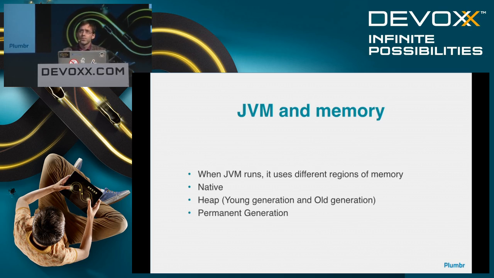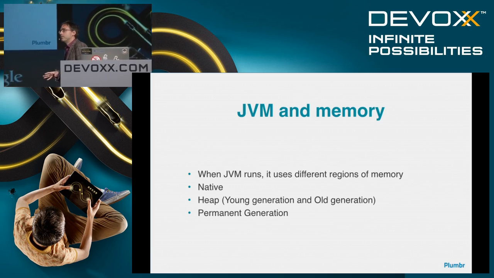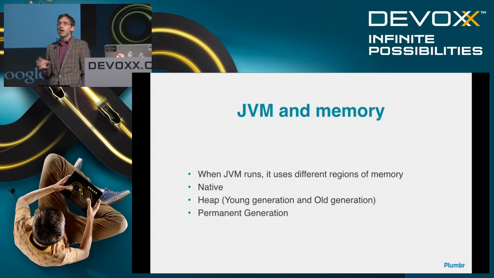Okay, JVM. When JVM runs, JVM is just another process on your operating system. So it allocates memory from the operating system like any other C process on the machine.